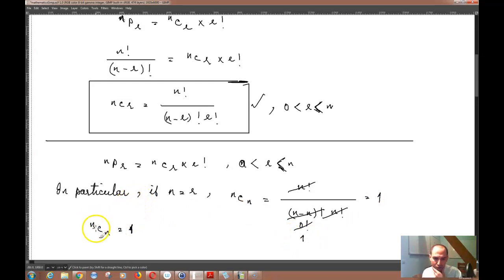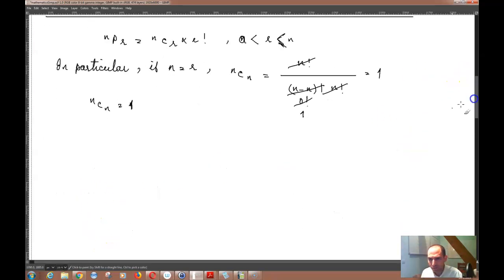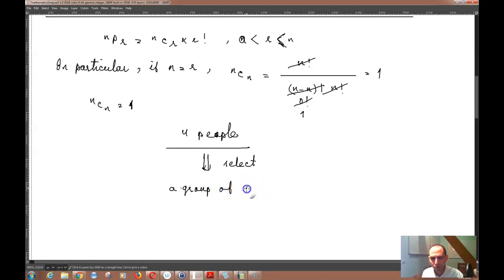And what that means is that you have n different objects, and you are taking the combination of those n different objects taken n at a time. For example, you have 4 people, and from these 4 people, you want to select a group of 4 people.